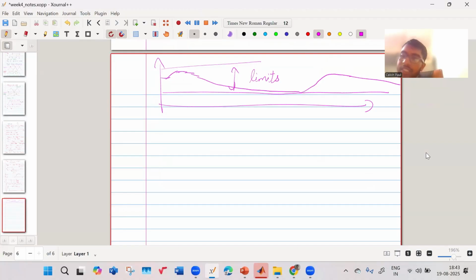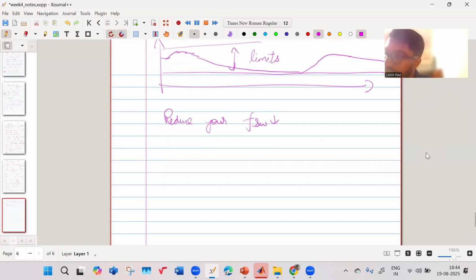Okay. So the objective of light load control techniques is that you want to reduce your switching frequency. And sir had shown this constant on-time control.